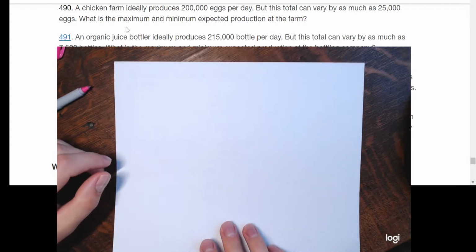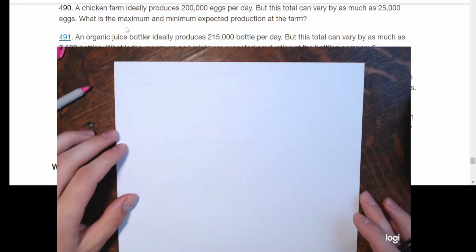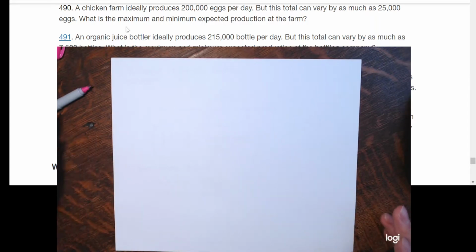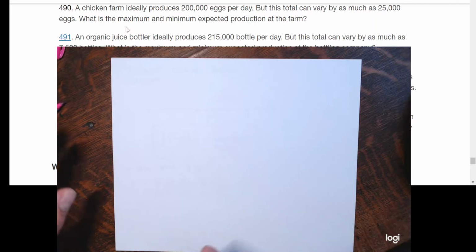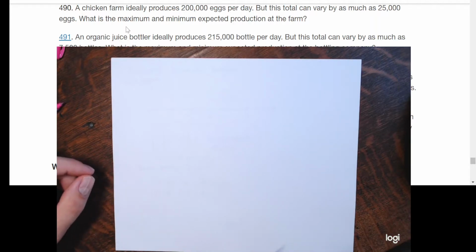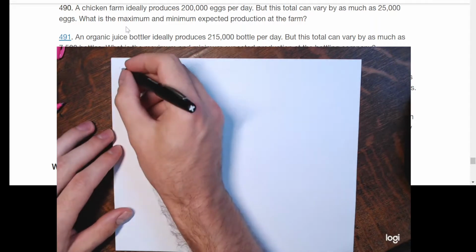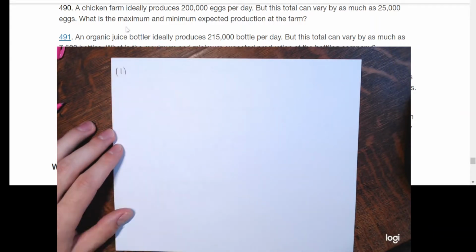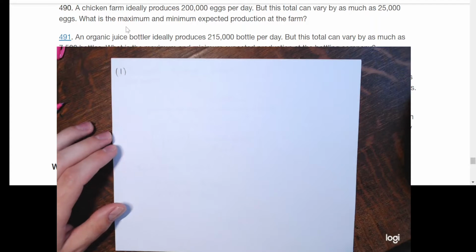But just as with any other word problem or application problem, I'm going to approach it the same way as in other videos where I've done applications. So I read through the problem. This will be example 1. And then I identify unknowns. What do they want? What are they asking me for?